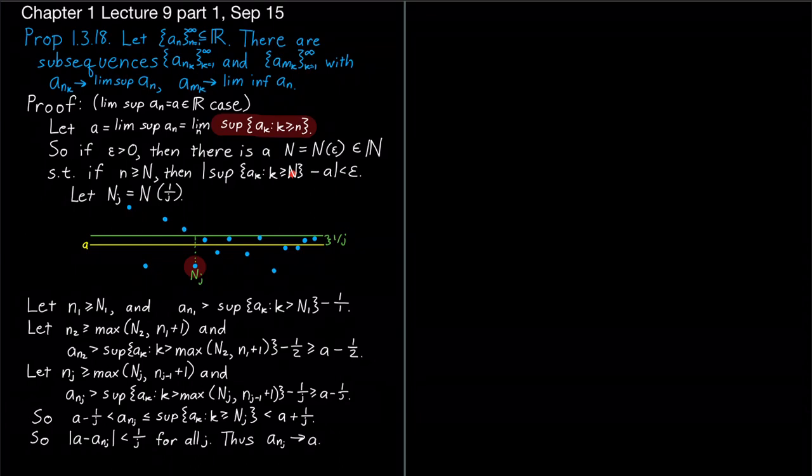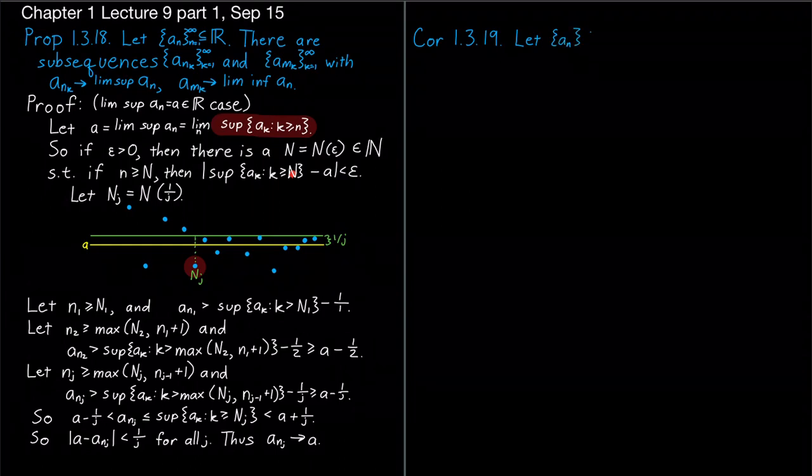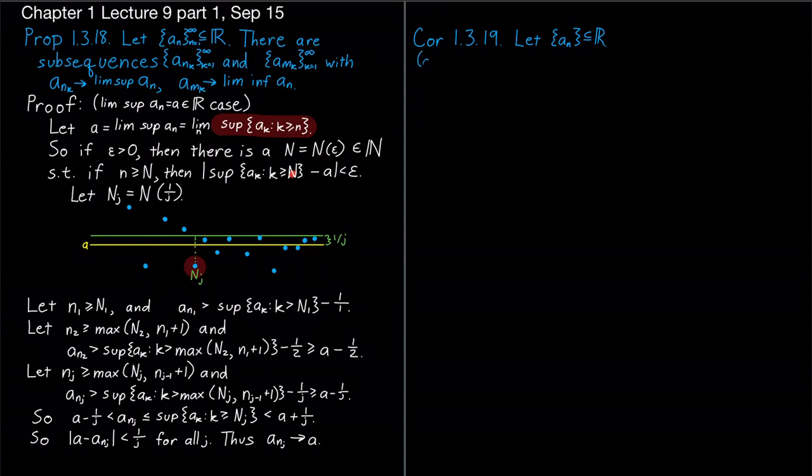We're going to finish up section 1.3 with the following corollary. This is corollary 1.3.19. We're going to let a_n be a sequence of real numbers. And then two things we're going to prove.